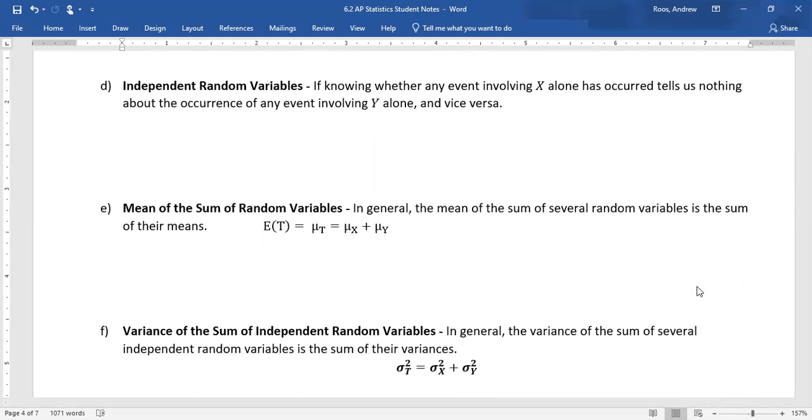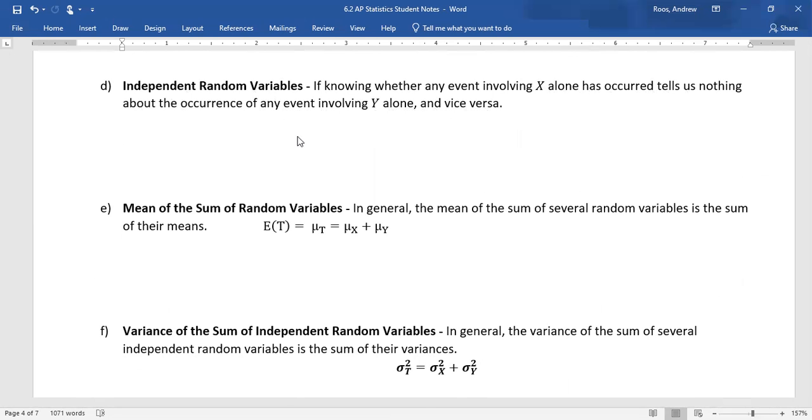Okay, so I know that was a lot, but we're still not done. Independent random variables: if knowing whether any event involving X alone has occurred tells us nothing about the occurrence of any event involving Y alone, and vice versa.